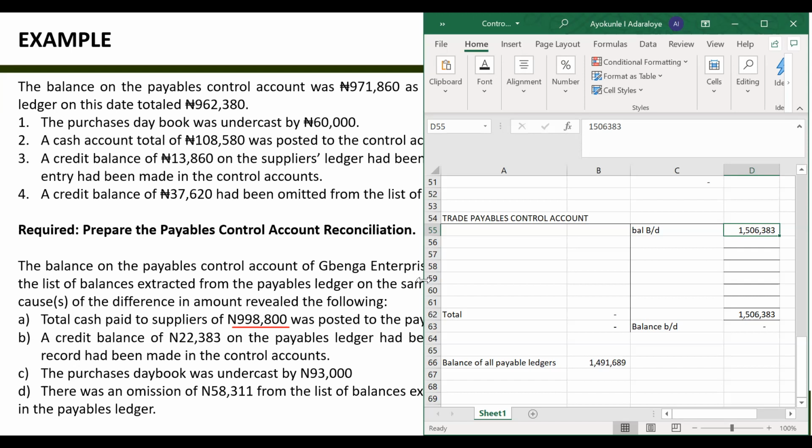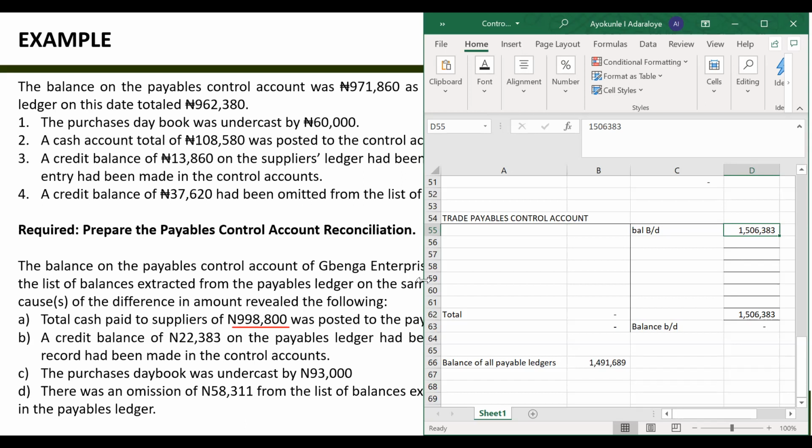You deduct the difference, the rebalance 998,800. We will post it where? On the credit side or the debit side? We'll post it on the debit side.